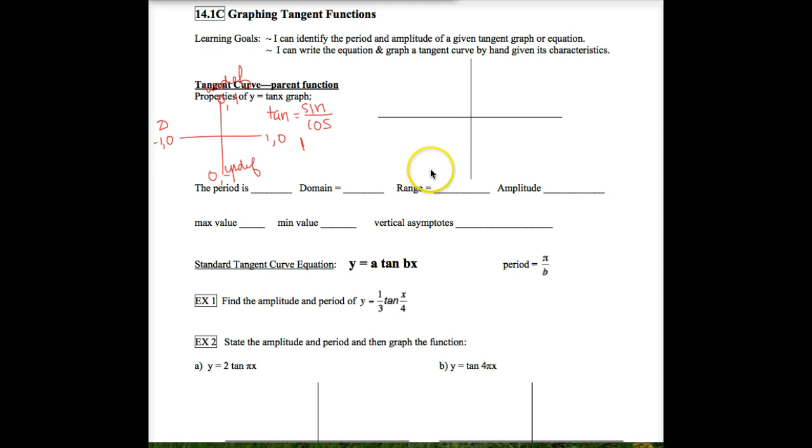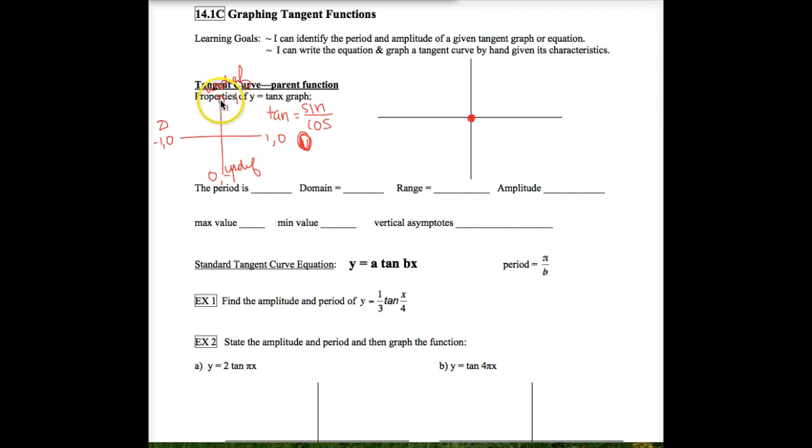So what happens here as we make our graph is that it starts at 0, 0, because 0 divided by 1 is 0. The tangent is going to get bigger as we go up from 0, because obviously the tangent value is positive in quadrant 1.